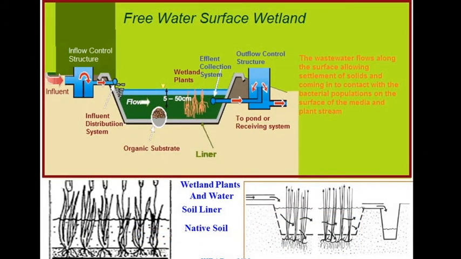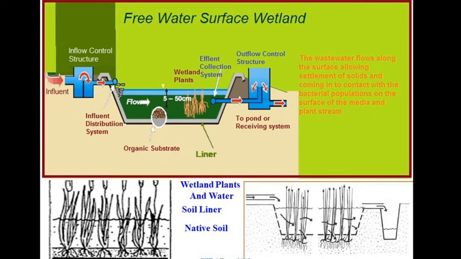These are the free water surface wetlands. You can see the influent, that is the wastewater which comes from the collection system, then the inflow control structure, then the influent distribution system, that is the flow, next the organic substrate, next the liner at the bottom of the pond.